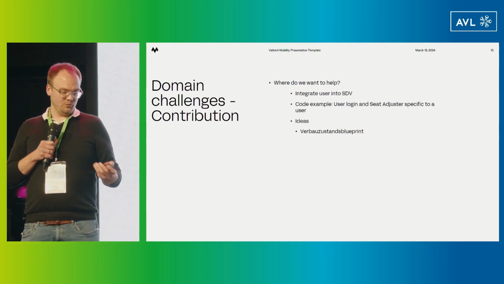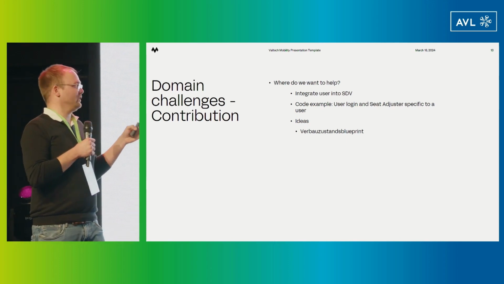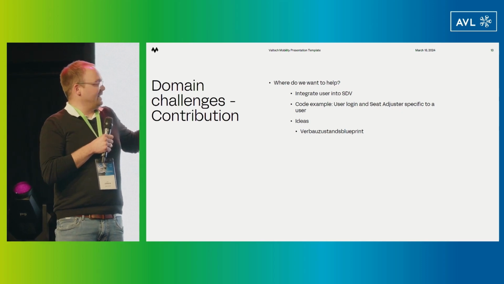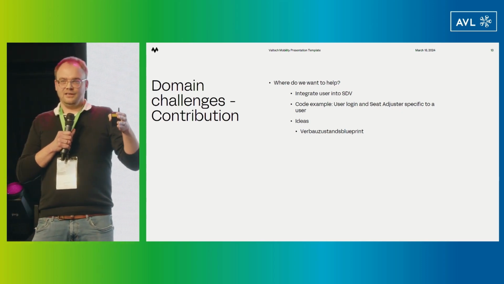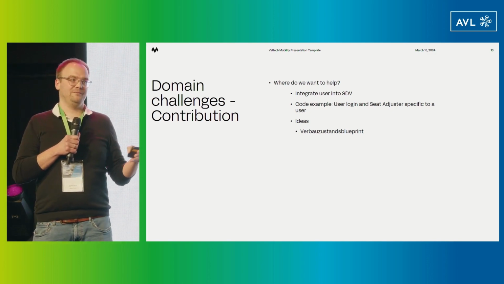And that is what we would like to contribute. It's like a blueprint, or not directly a blueprint, but take the seat adjuster code and put a user login in front of it and have this synchronization personalized.